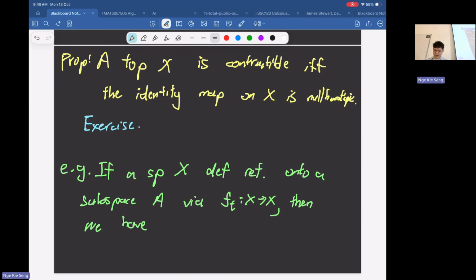We have r composed with i equals the identity. This one is pretty obvious: you just include and then retract. In the other case, we have retraction and then inclusion. It's not the identity, because you retract from X to A and then include, so this is a map from X to X that couldn't be the identity because the image only contains A. But it is homotopic to the identity.